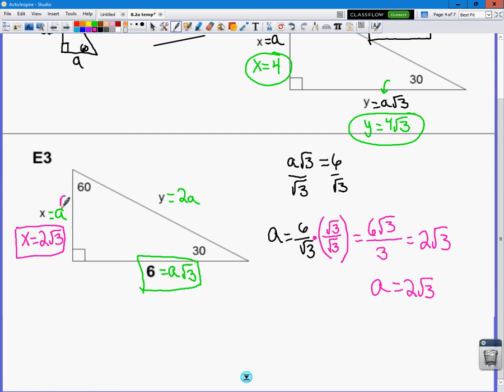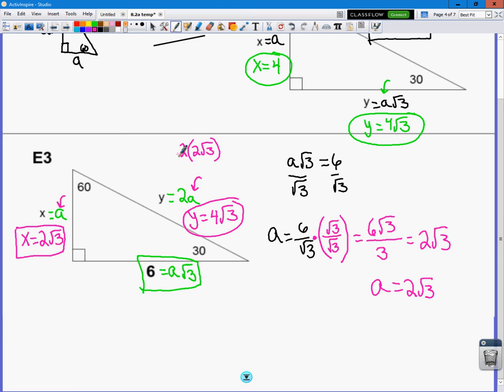We just plug that back in. If I plug it in here, I'm taking 2 times 2 square roots of 3. How big is y? 4 square roots of 3.